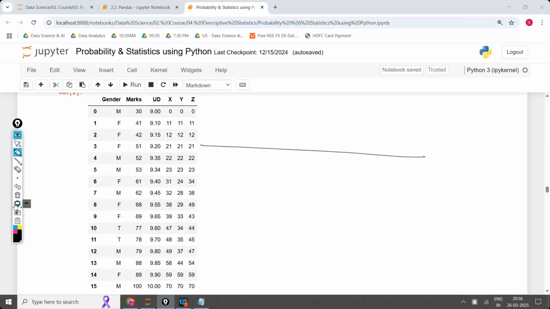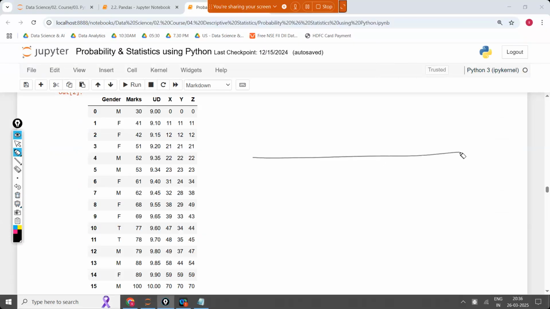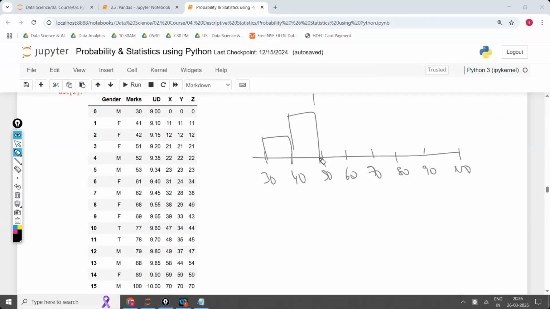I'm drawing one more time here. 30 to 40, 40 to 50, 50 to 60, 60 to 70, 70 to 80, 80 to 90, 90 to 100. Now this is the histogram which you have received.